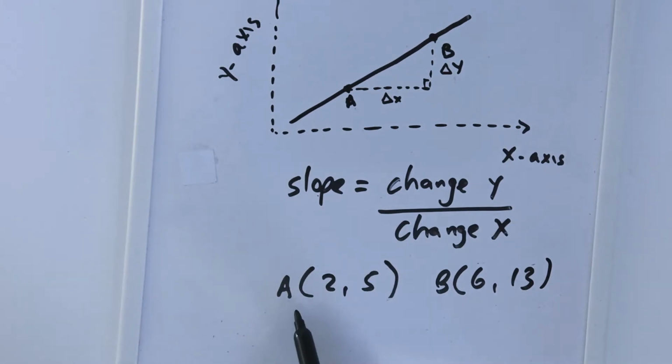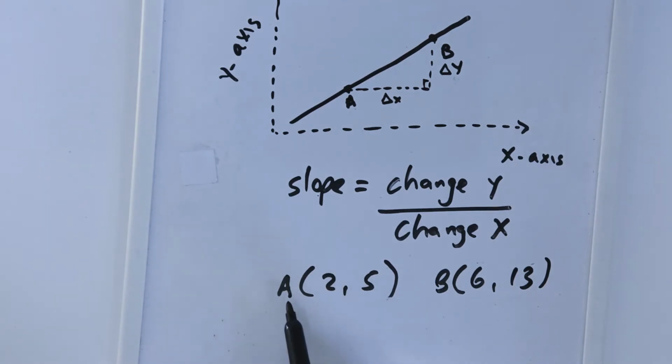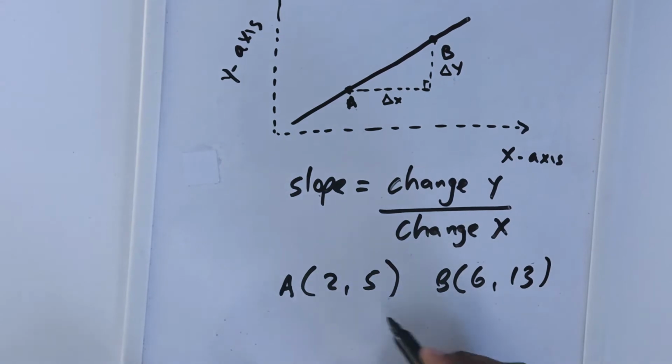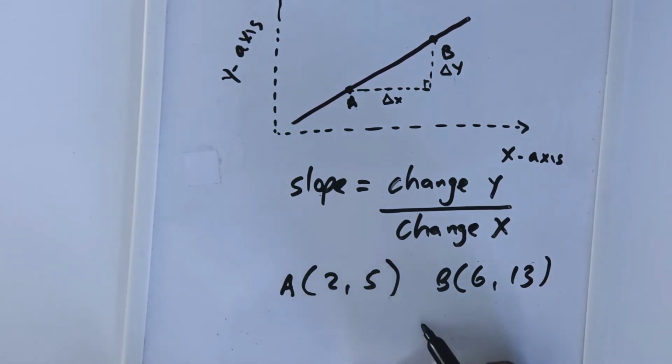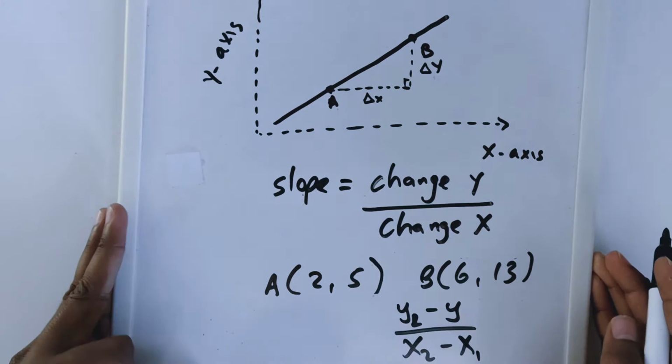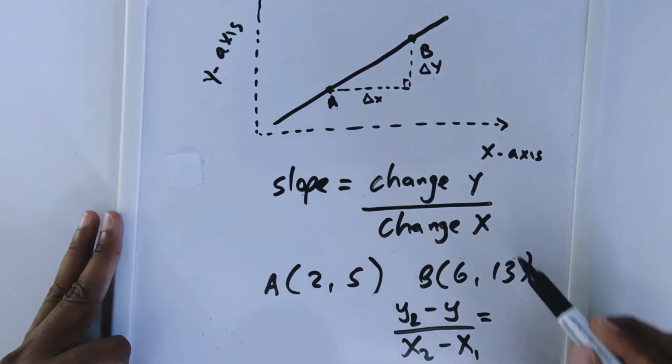Let's do an example of the slope when we are given point A with coordinates 2 and 5 and point P with coordinates 6 and 13. So in the definition of slope, we said it is y2 minus y1 divided by x2 minus x1. What is our y2 in this case?